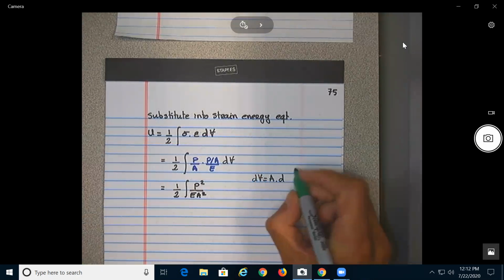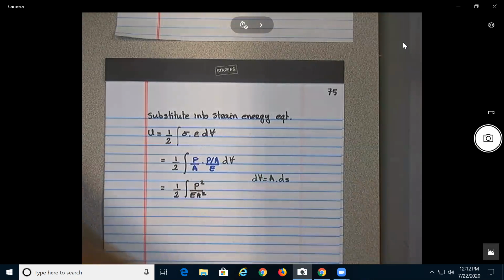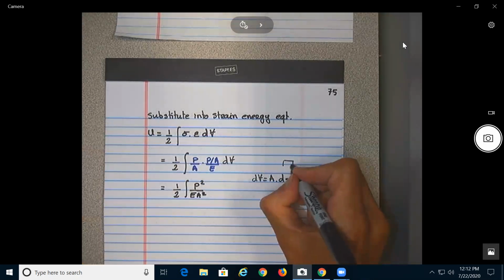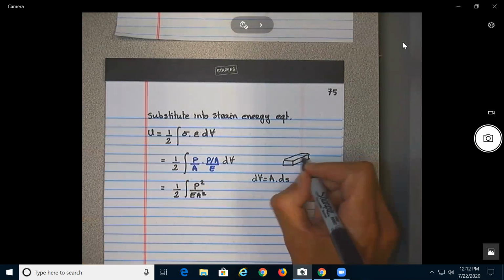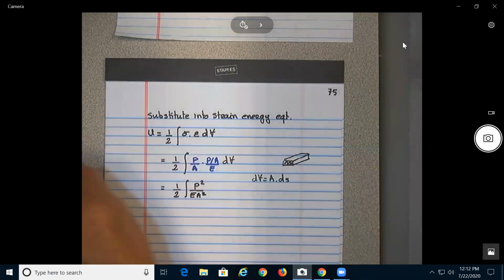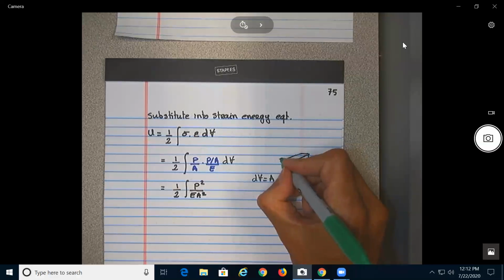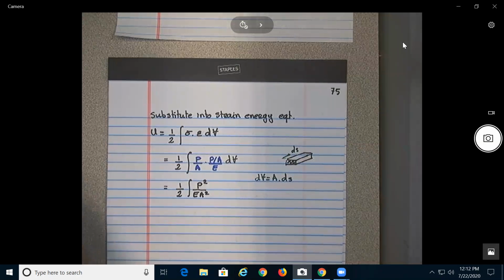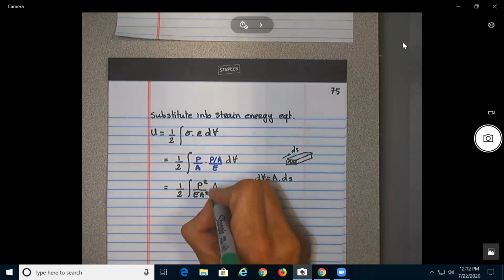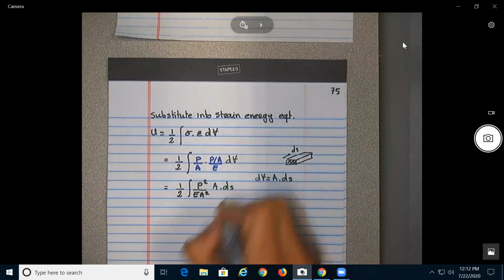This is when you do the beam. If you multiply the area by the length, you get the volume, no? So I can just rewrite this as A ds.